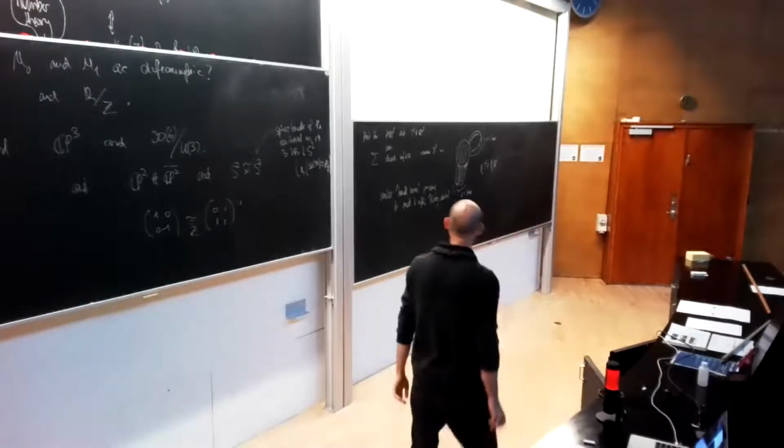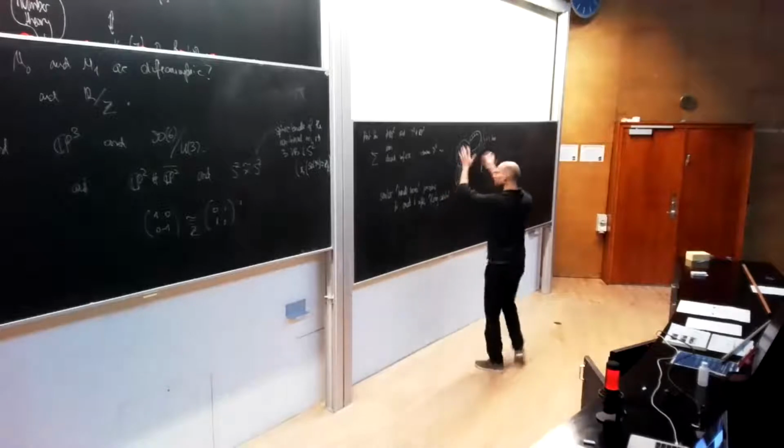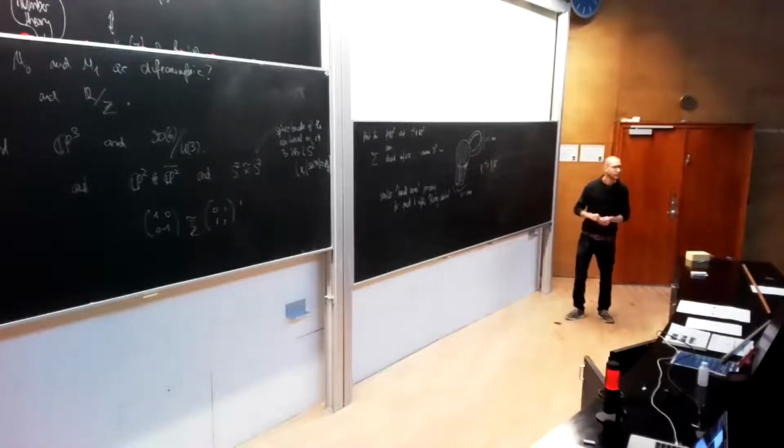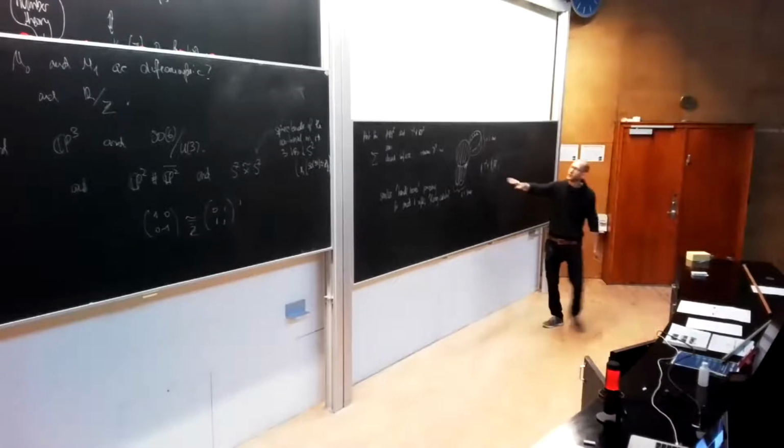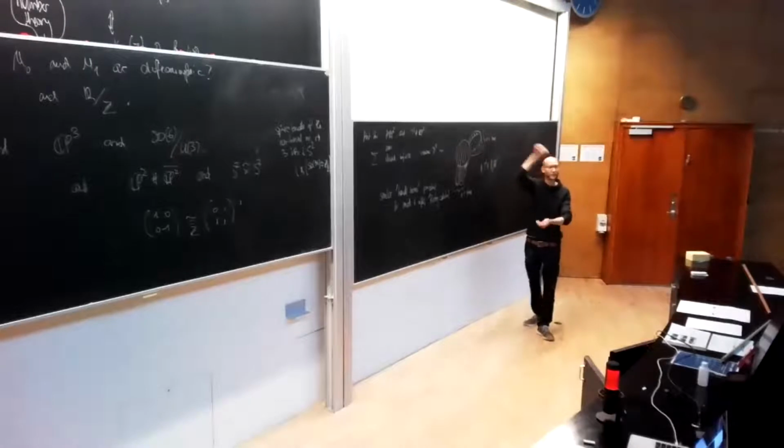Right. So that's all about closed manifolds. If you have a closed manifold, you can start building it from scratch by having a zero handle like this disk and then attaching other things.